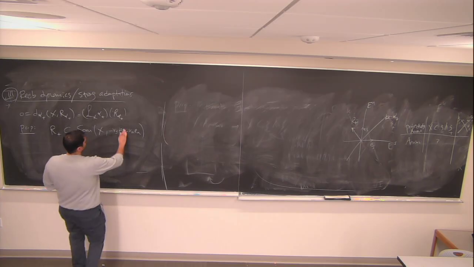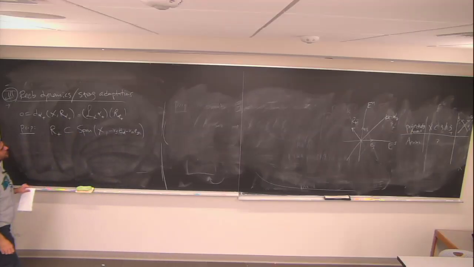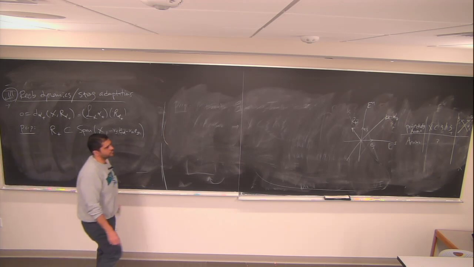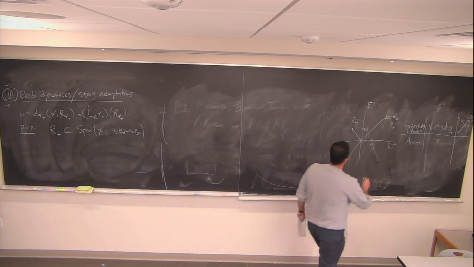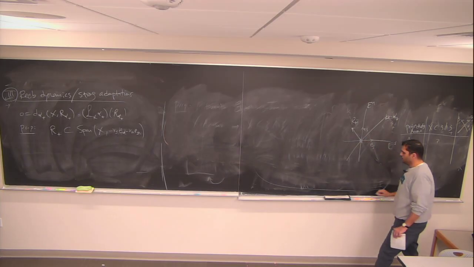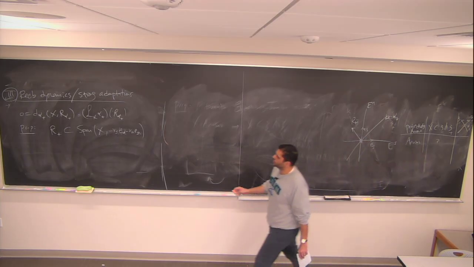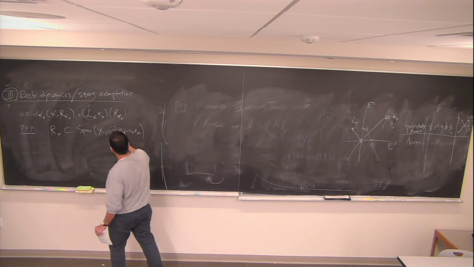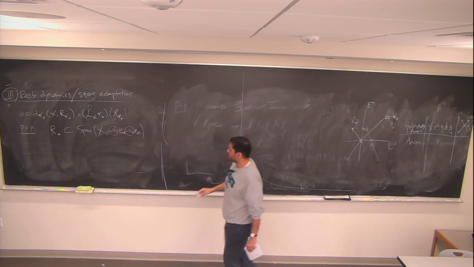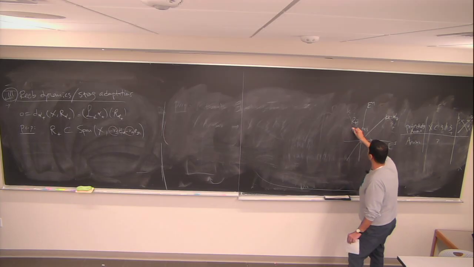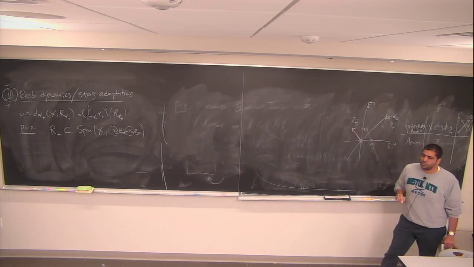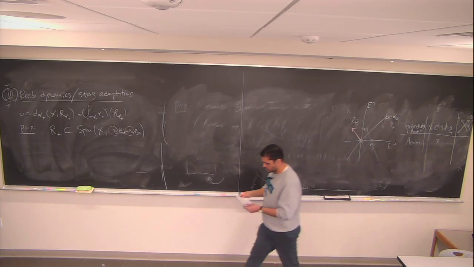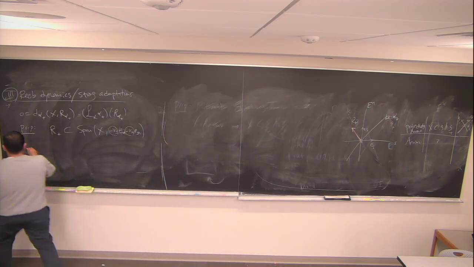So here X is pointing in this direction. The message is that looking at this expansion information, I can see where the Reeb vector field is in this picture.